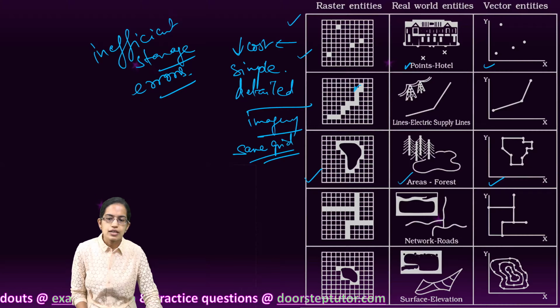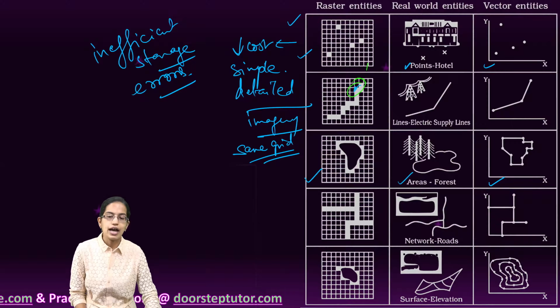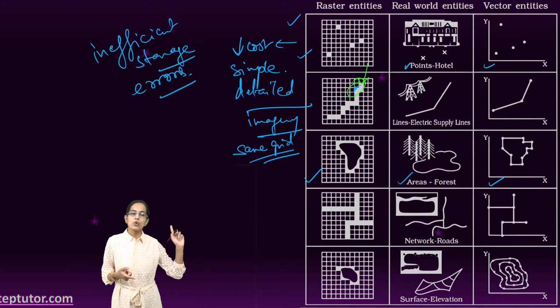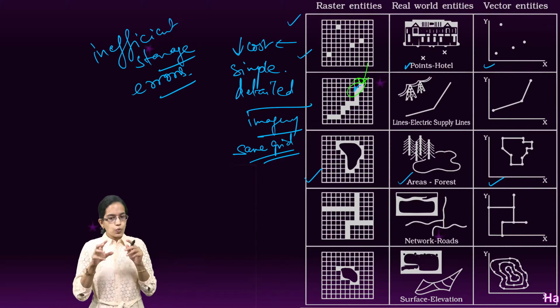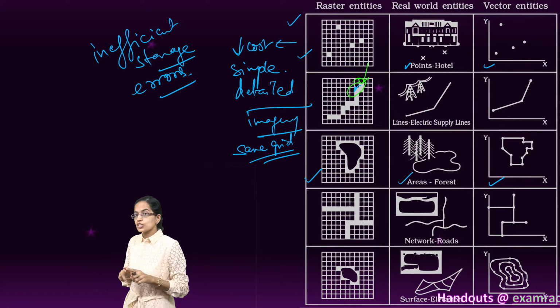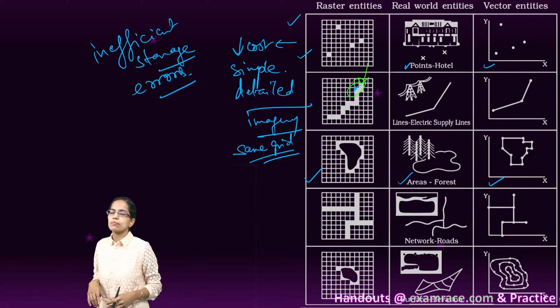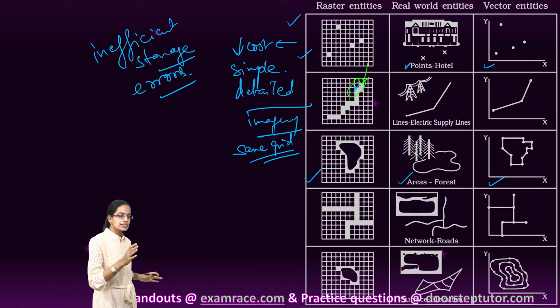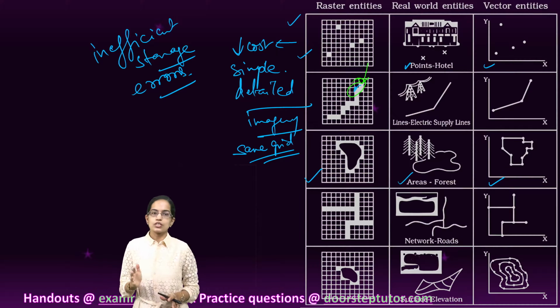So definitely the raster data has elements of error. The preciseness is less compared to vector data, and also if my grids are large or my resolution is low, simply put, what would happen? There is a lot of loss of data, and this can be removed easily through vector data.